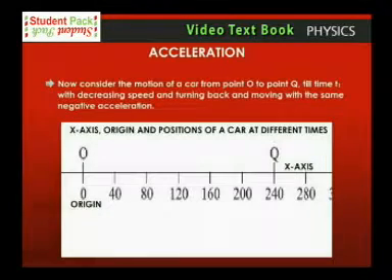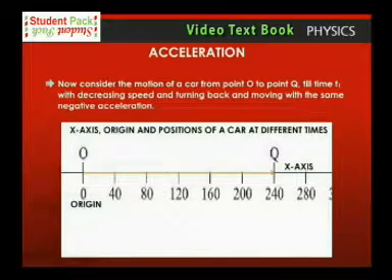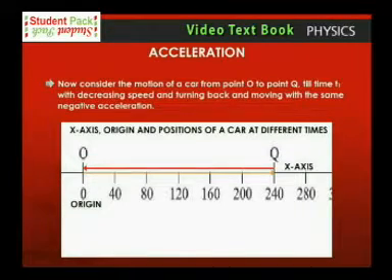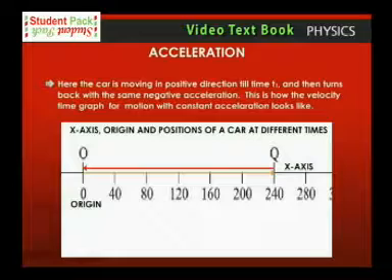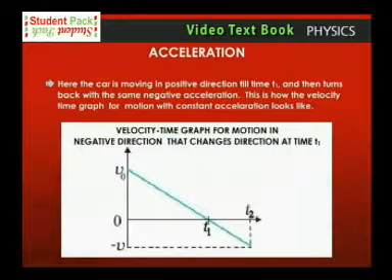Now consider the motion of a car from point O to point Q till time t1 with decreasing speed and turning back and moving with the same negative acceleration. Here, the car is moving in positive direction till time t1 and then turns back with the same negative acceleration. This is how the velocity time graph looks for the motion with constant acceleration.